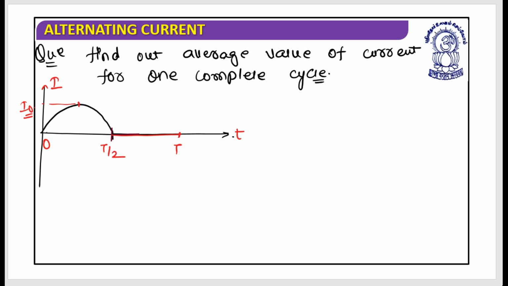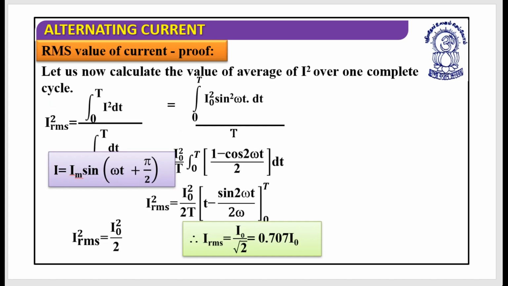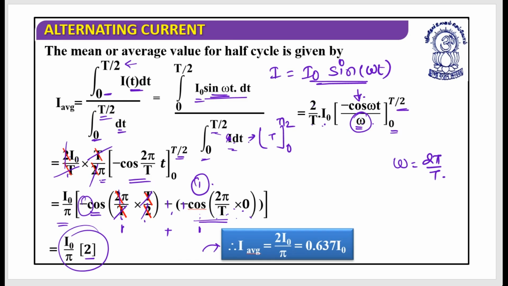So what I understand is that, let's look at this. We have derived something, and whatever we have derived was for this only. We derived I is equal to I naught sine omega t. So this situation would be something like this only.